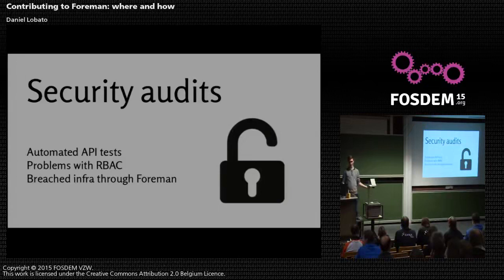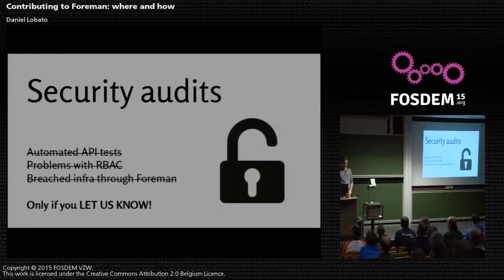Or if it's very critical, then we have a Foreman-security list that you should send your report to, so we can make a CVE out of it, and it will get fixed in time. And if it's really important, we'll probably make a minor release so that your fix can go in.